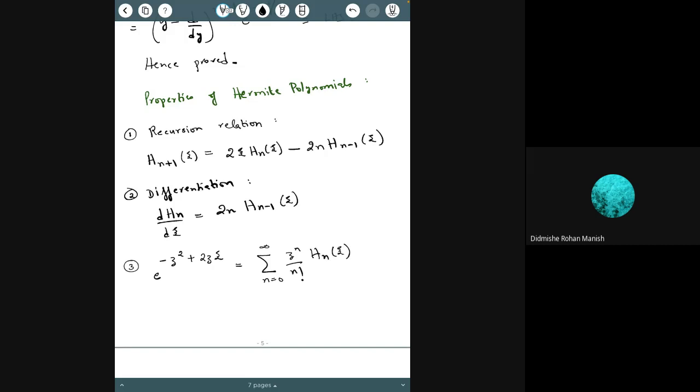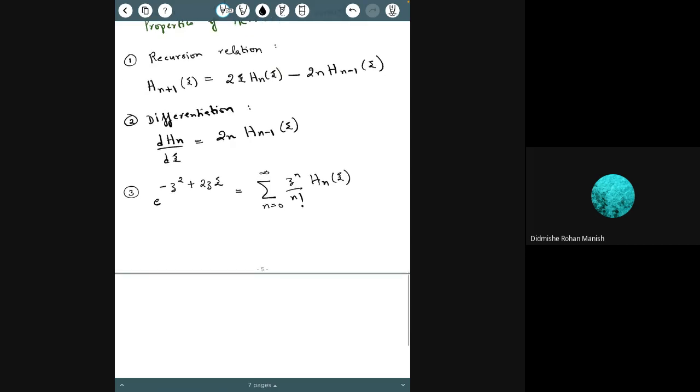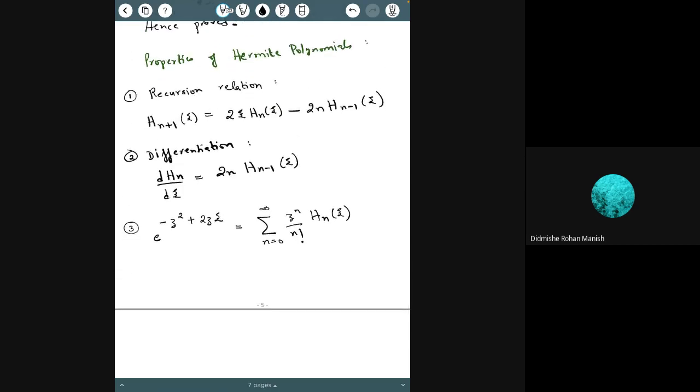You can write an exponential of this form in terms of a series of Hermite polynomials. This can be useful at some point, but not directly in this course. Fine. These are just some bits and pieces of information.